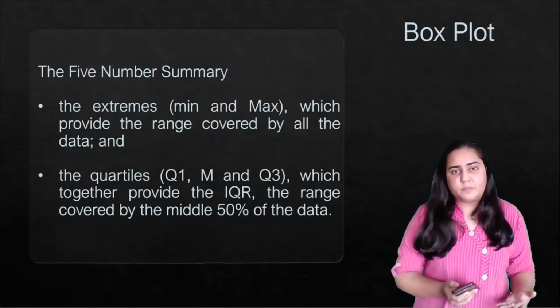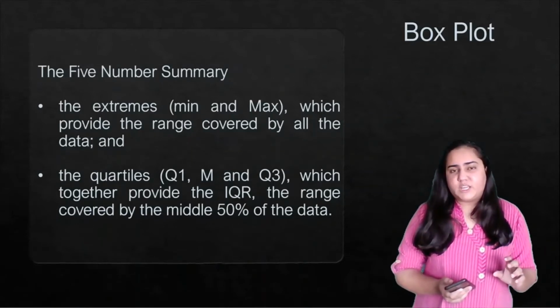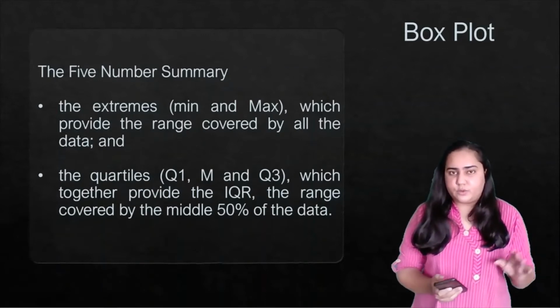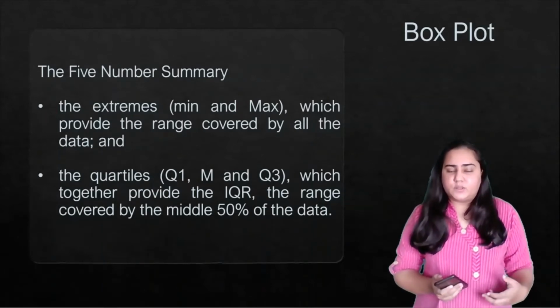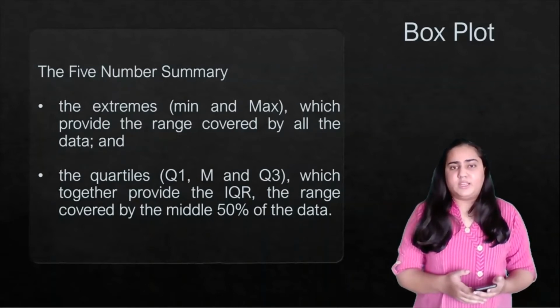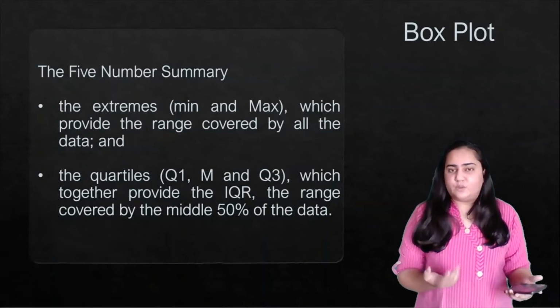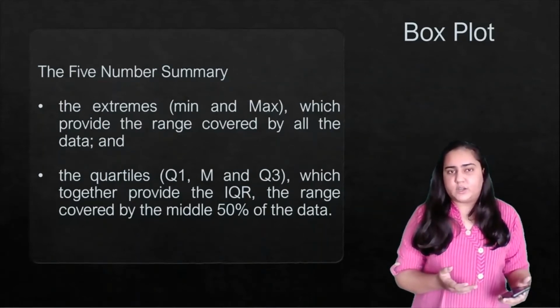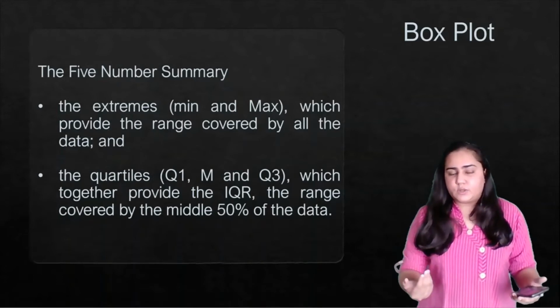The 5 number summary contains the minimum value and the maximum value, min and max. It also contains the median, that is capital M, and the 2 quartiles that we found while calculating IQR, Q1 and Q3.